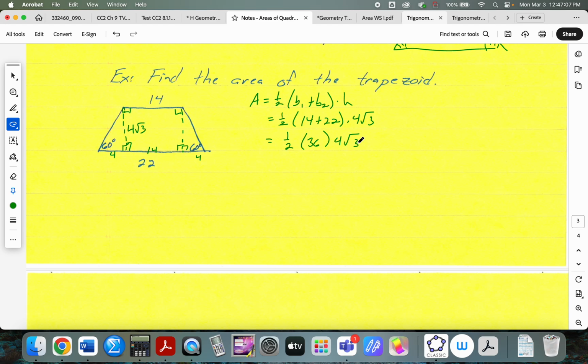And although you can use a calculator for that, because you're going to have a calculator because there's going to be some trig on this next area test, you can do this by hand pretty quickly if instead of taking half of the 36, take half of the 4. Half of 4 is 2, and 2 times 36 is 72. And since there were no units given in the problem, we don't have to put units in our answer.